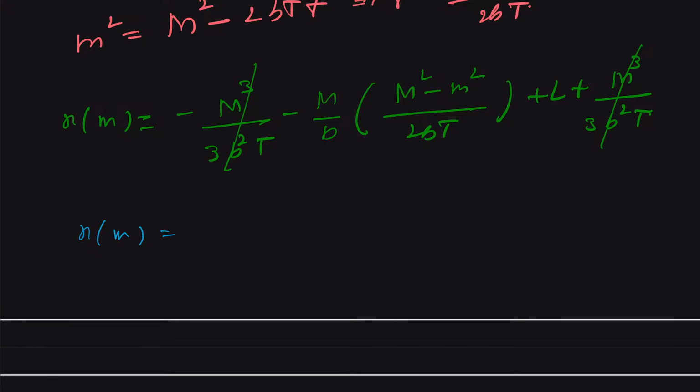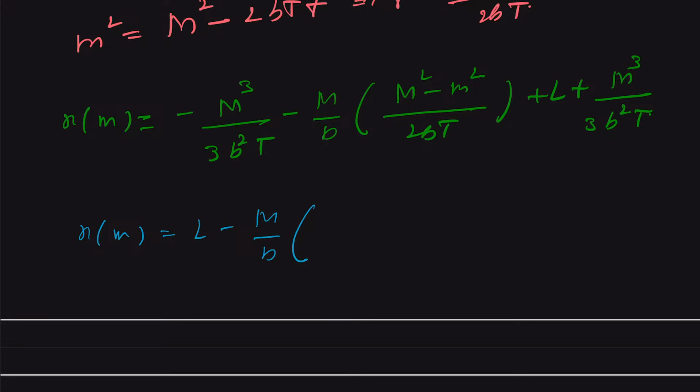X of m is equal to, we can write this as L minus m upon b, and one second, I missed something. Sorry, my mistake. We cannot cancel it.